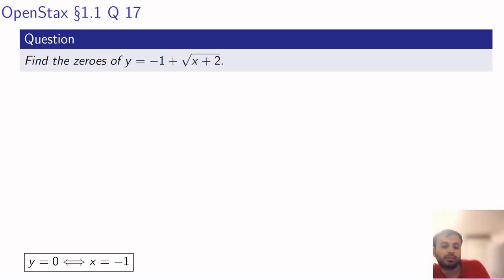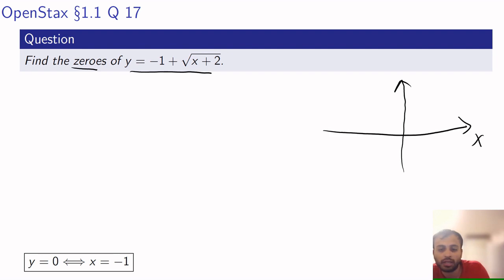So let's see this question. In this question, we have to find the zeros of this particular function. How can we find zeros of this particular function? Before that, what does zero of the function mean? Actually, it means x-intercept. So let's say you have a function whose graph looks something like this, then zeros of this particular function f of x basically means these two points, this point and this point.